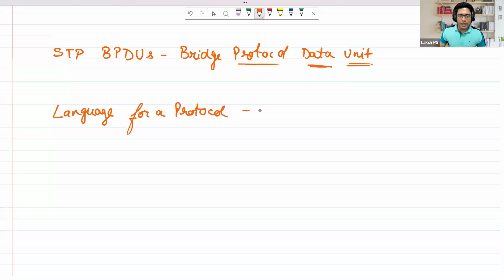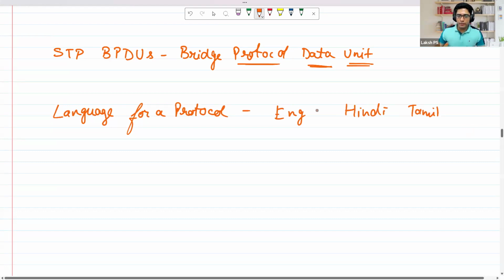Right. Now, just like we have languages, I take classes in English, I take them in Hindi as well, and then I take them in Tamil as well. So these 3 are the languages that I can speak fluently and understand as well. Read, write, anything. So these are the languages, or in networking terms, these are the PDUs that I understand. And similarly, in networking also, every protocol speaks its own language.